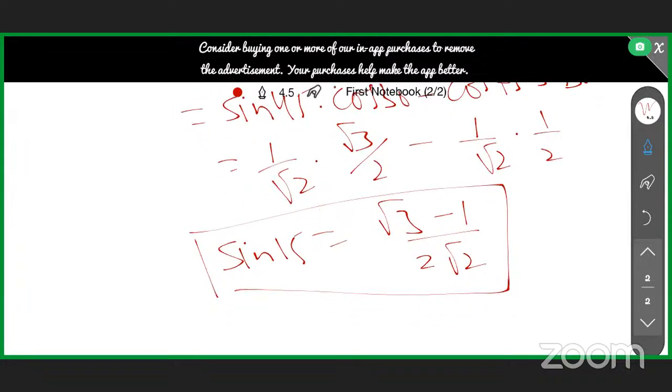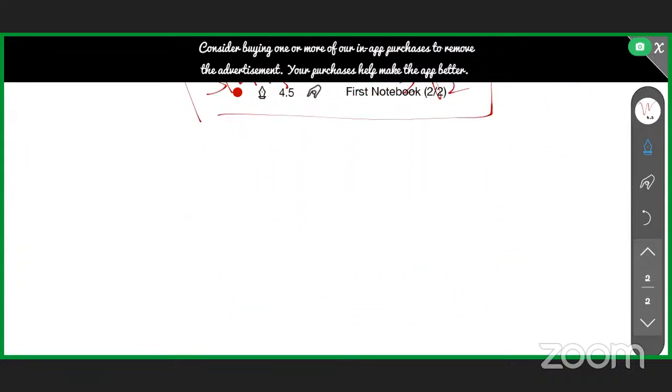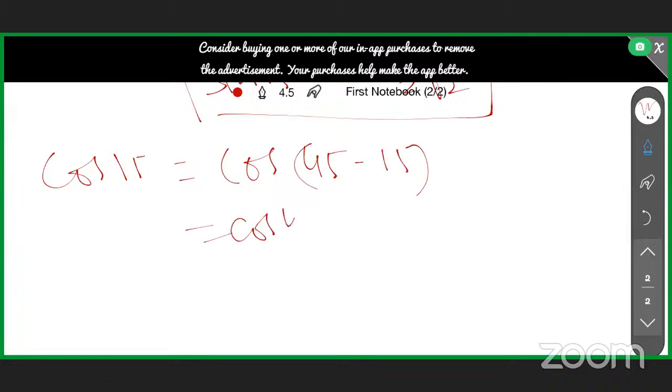Now find for cos 15. Cos 15 is equal to cos of (45 minus 30), that is equal to cos 45 into cos 30 plus sine 45 into sine 30.